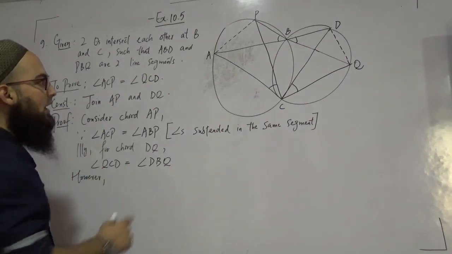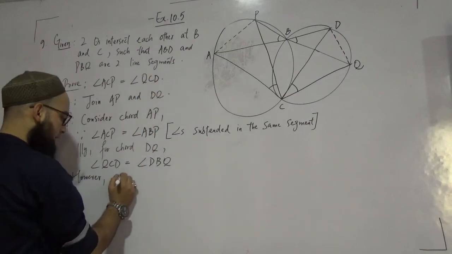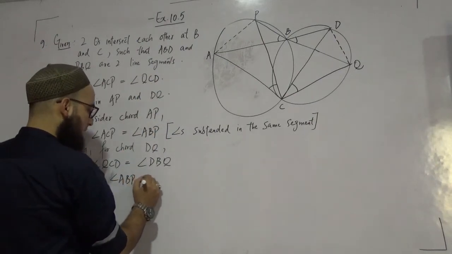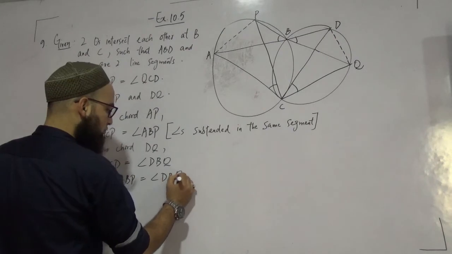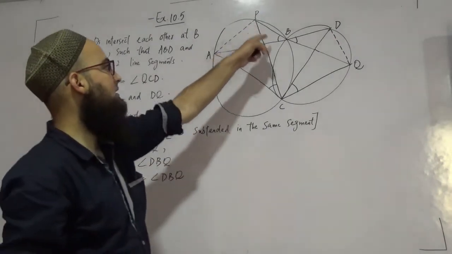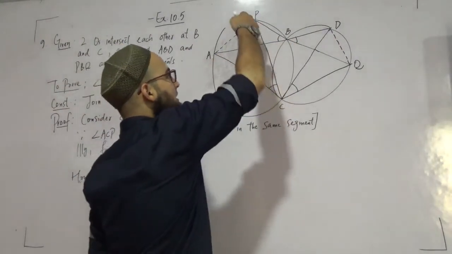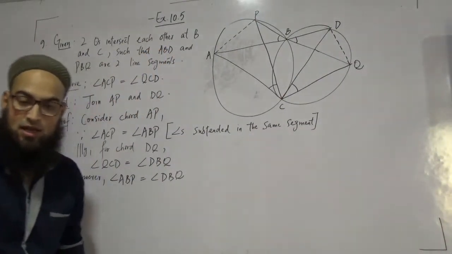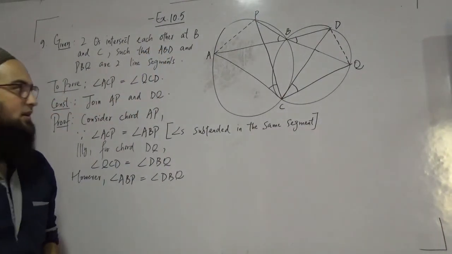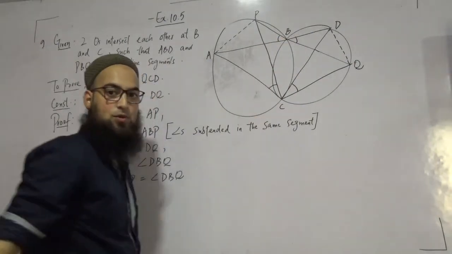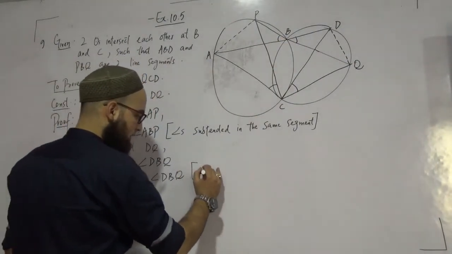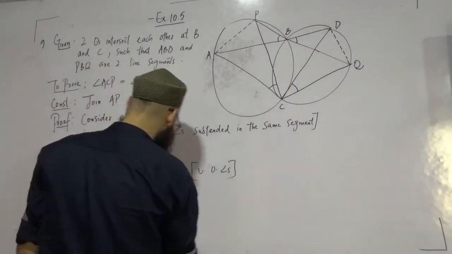However, angle ABP is equal to angle DBQ. Why? Because ABD and PBQ are straight line segments, so these are vertically opposite angles. Very good.